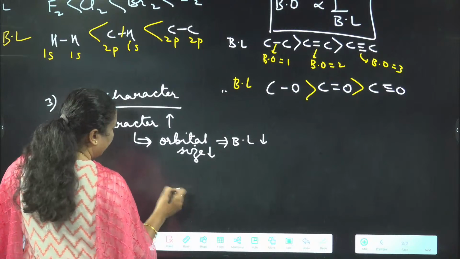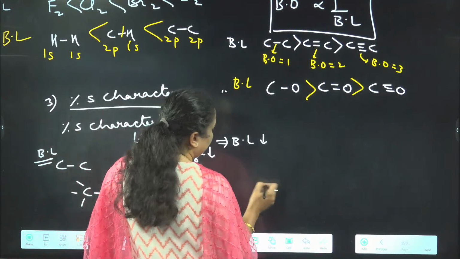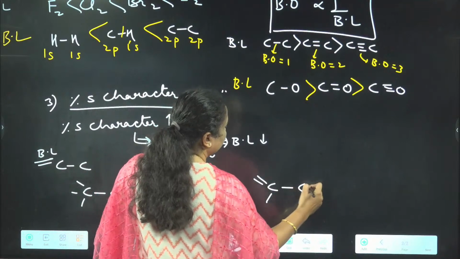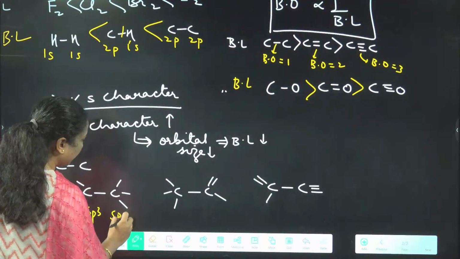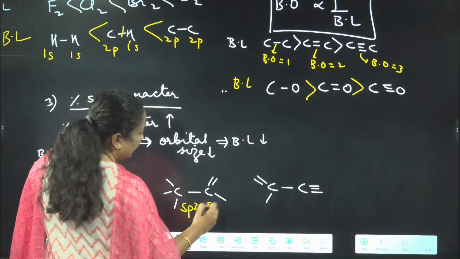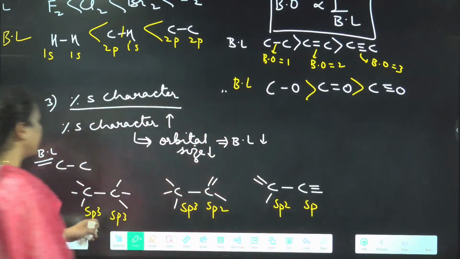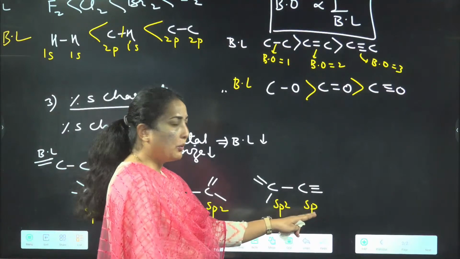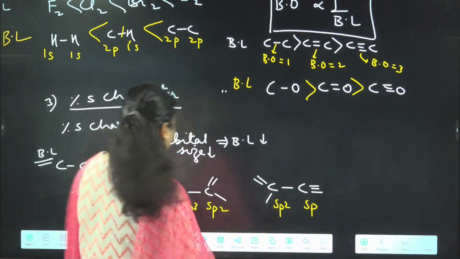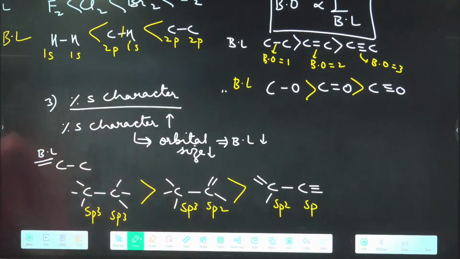Let us say one is sp3, here it is sp2, another one is sp2 and sp. This is sp3, this is also sp3. Here you have sp3 and sp2, this is sp2 and sp. So where the percentage S character is increasing, here you have 50% and 33%, right? So the thing is, more percentage S character, bond length is going to be smaller. Are we getting it?